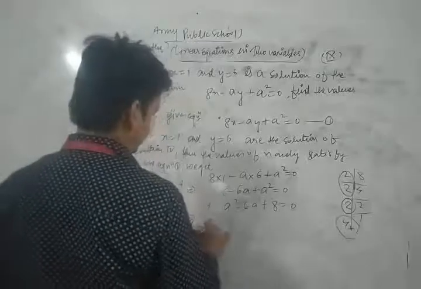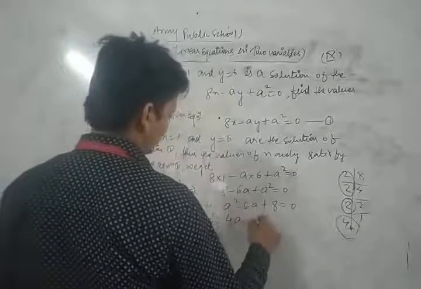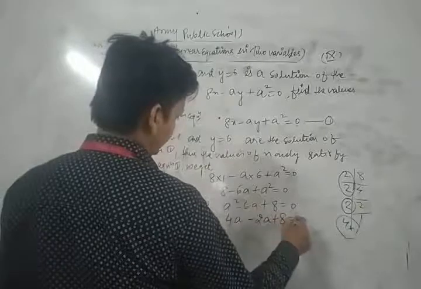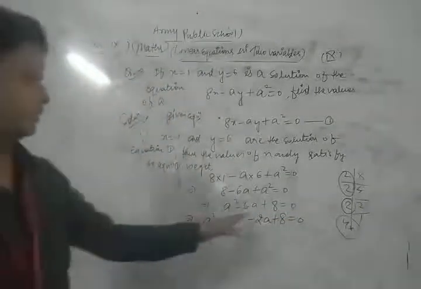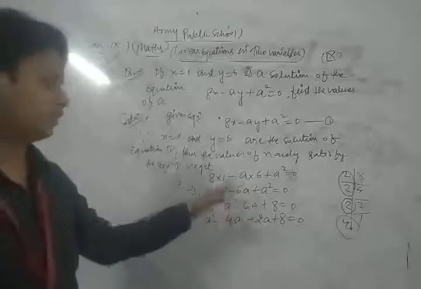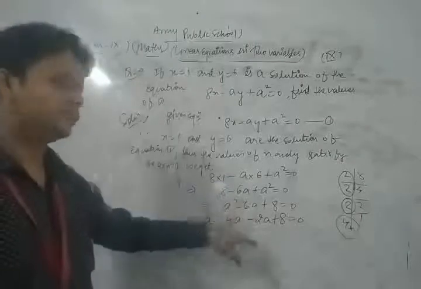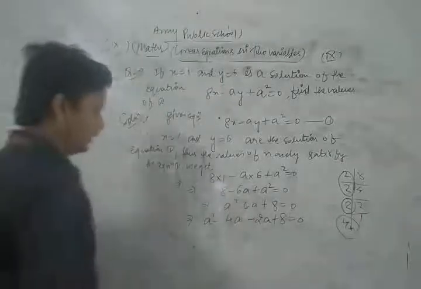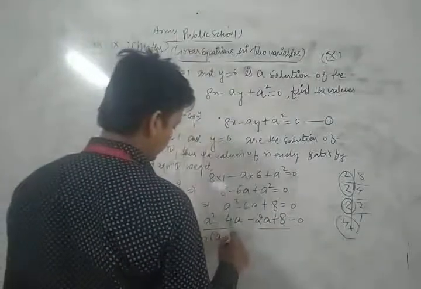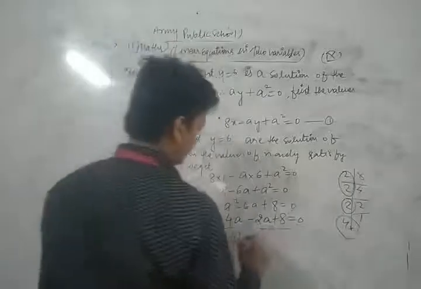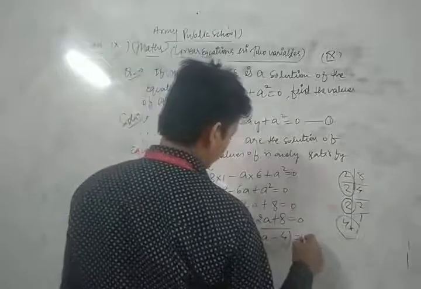So here we write a square minus 4a minus 2a, and plus 8 as it is, equal to 0. Now we form the pairs. Here a is common, so a into a minus 4, and here we take minus 2 as common, so a minus 4, since 2 fours are 8, is equal to 0.